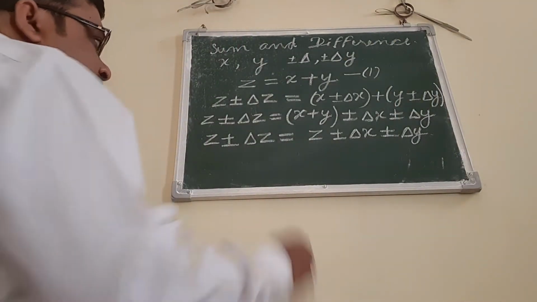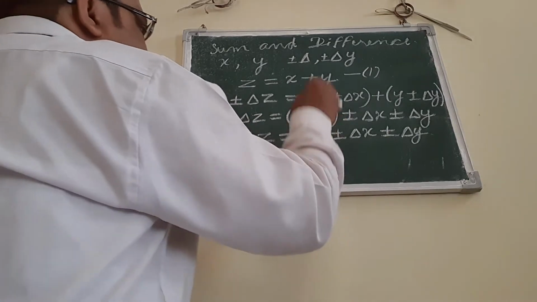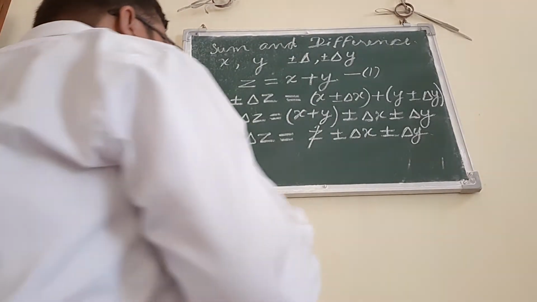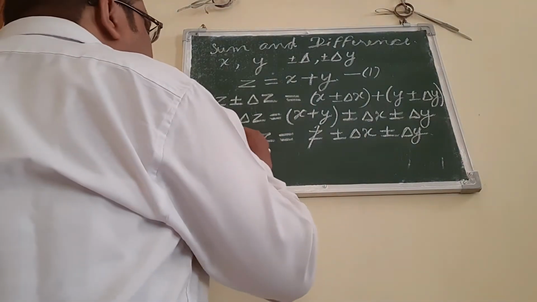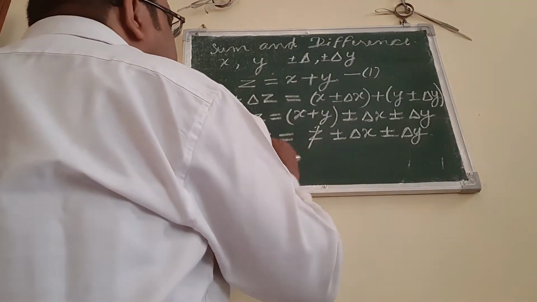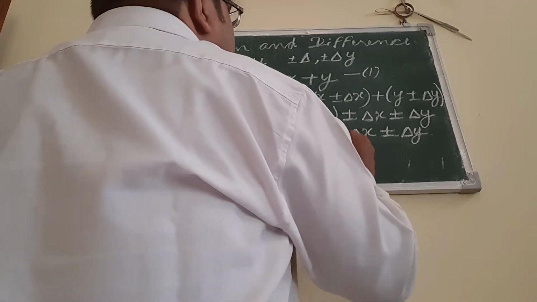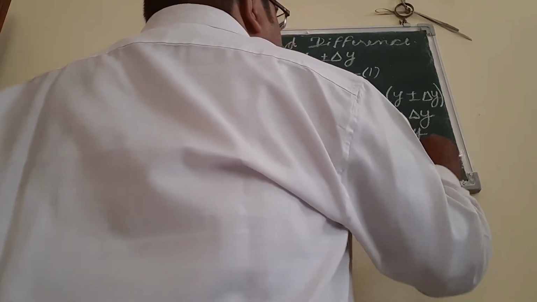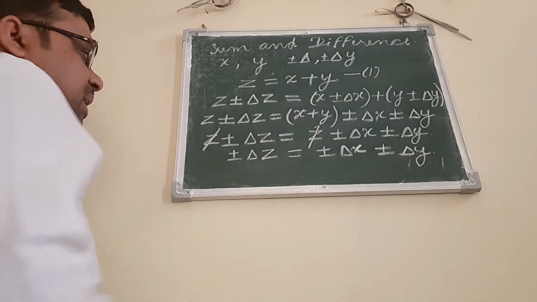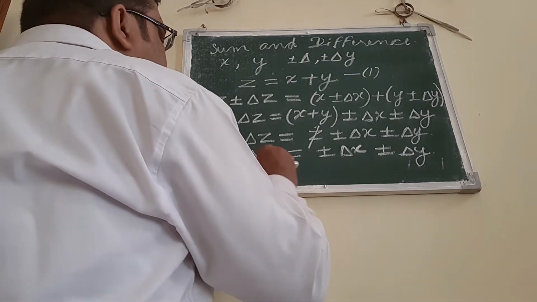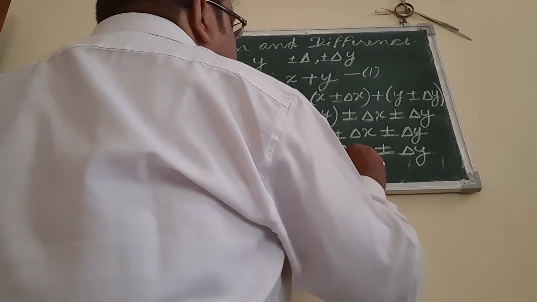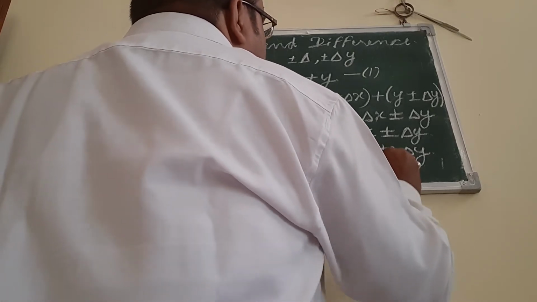Now here z cancels from both sides because of the same sign. So now you can see the expression becomes plus minus delta z equal to plus minus delta x plus minus delta y. Taking the maximum error, taking the positive sign, delta z is equal to delta x plus delta y.